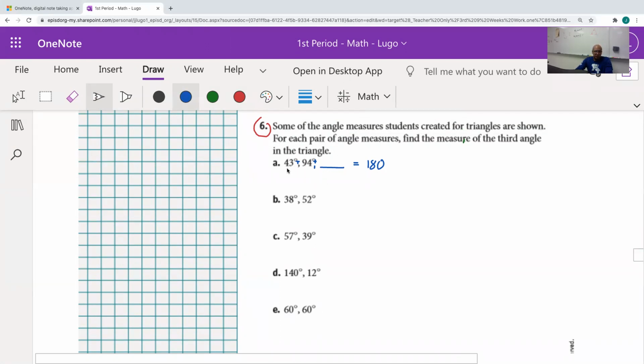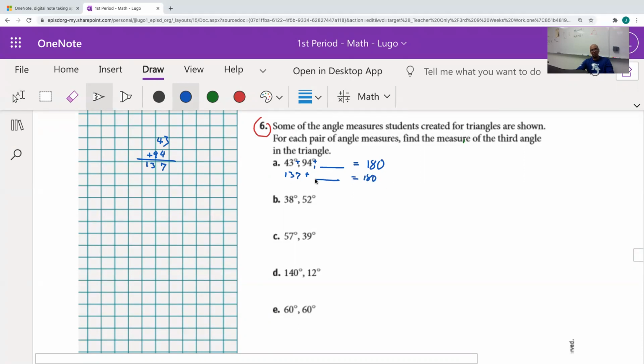So how would I figure this out? Well, basically 43 plus 94, let's add that together. 4 plus 3 is 7, 9 plus 4 is 13. So I know that these two together are 137, but I'm missing a part to get to 180. It's almost as if I'm saying that 137 plus something else, we can put a variable there, plus x is equal to 180.